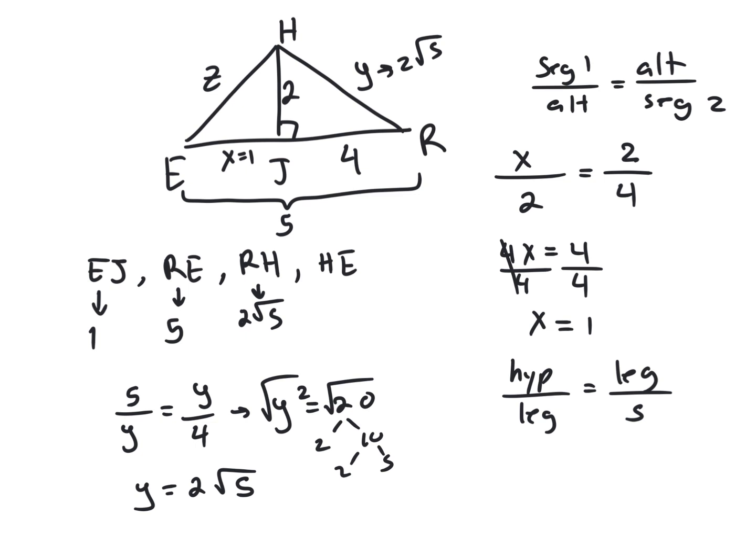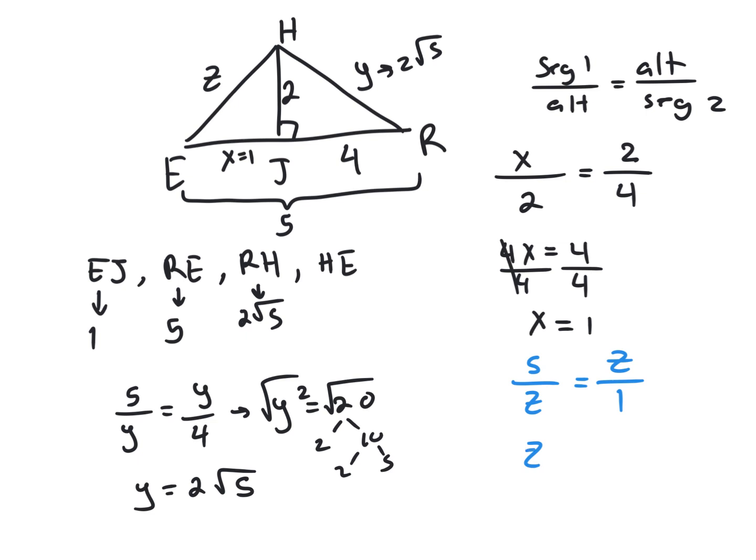Now HE, I'm going to erase the hypotenuse leg formula just so I can solve for it. HE is Z, so we're going to use the same hypotenuse, leg, segment adjacent. So it's going to be 5 for the hypotenuse, Z equals Z over the segment, which is 1.